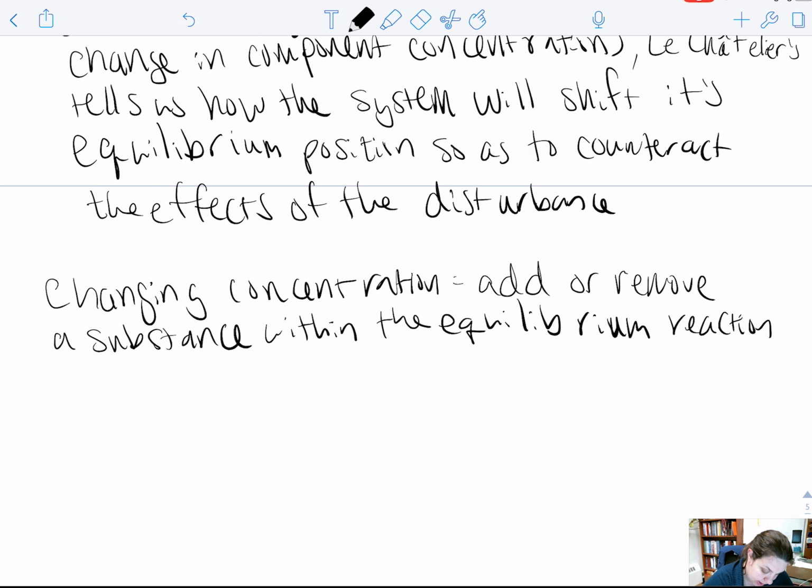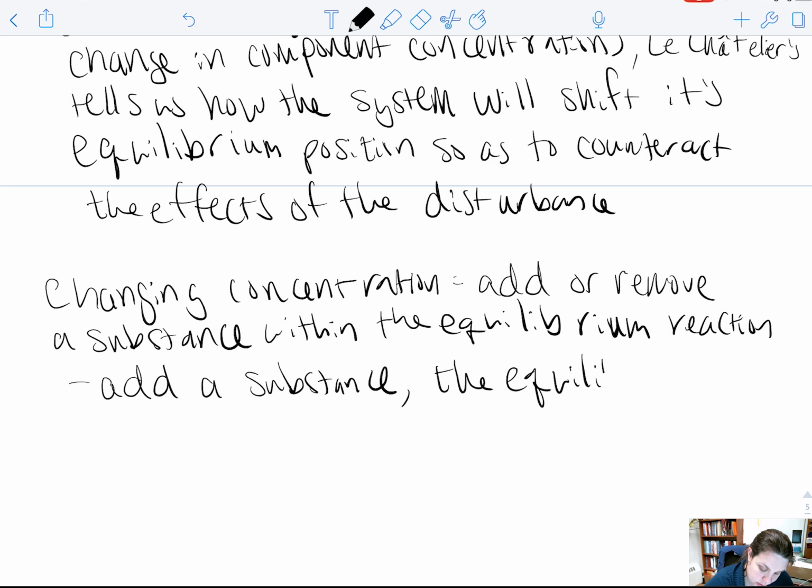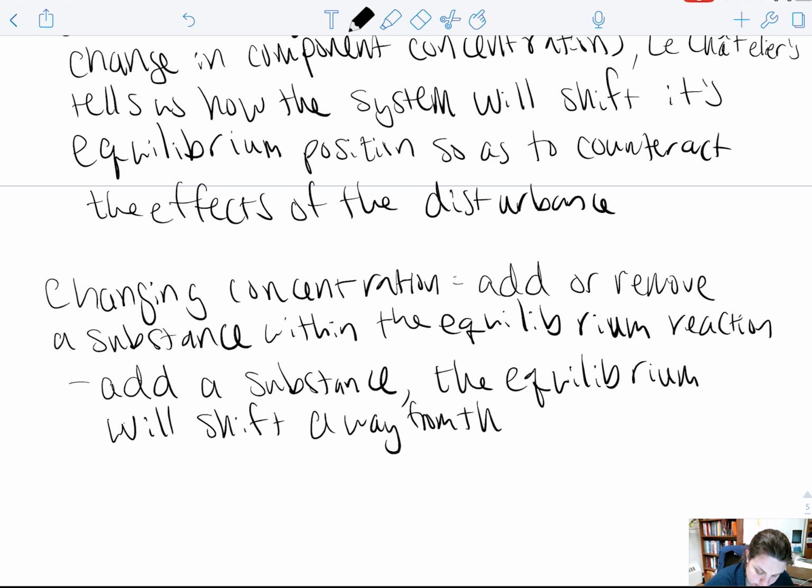So if we add a substance, the equilibrium will shift away from that substance. So if we add extra product in, it'll shift towards reactants. Add extra reactant in, it'll shift towards products.